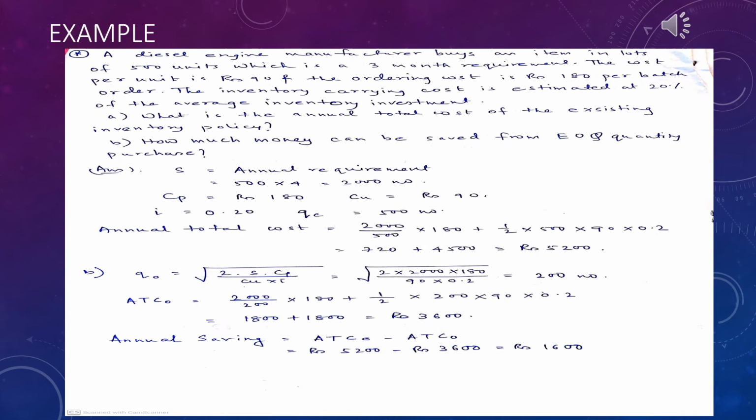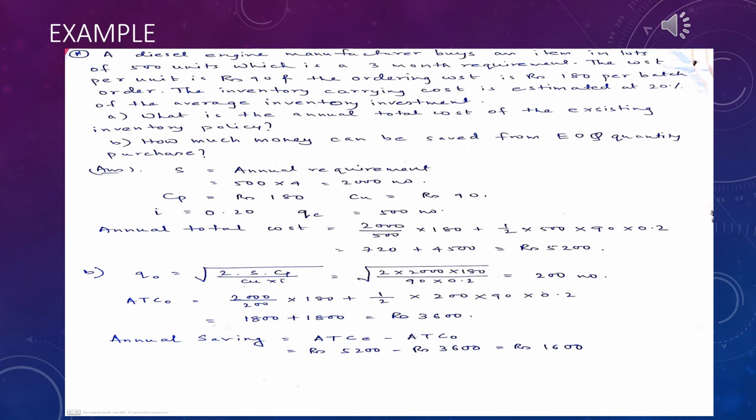If we calculate that and add it to the annual ordering cost, we get a figure of rupees 5,200. So 5,200 is the annual total cost before they were ordering in EOQ.